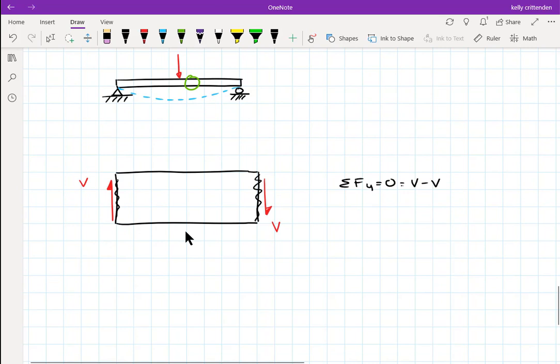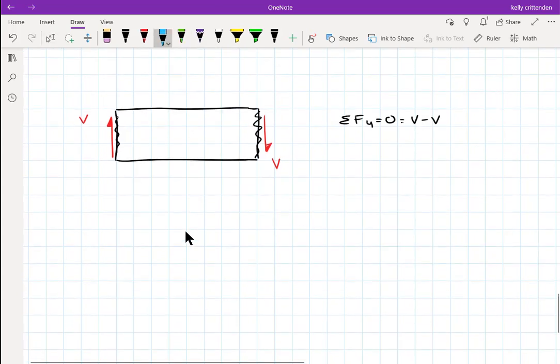We just need to know that there are shear forces that want to chop this little section out, and they need to balance one another. But when they balance one another and there's some distance between them, we'll just call it X. We'll redraw this probably Wednesday a little clearer, so it doesn't matter.